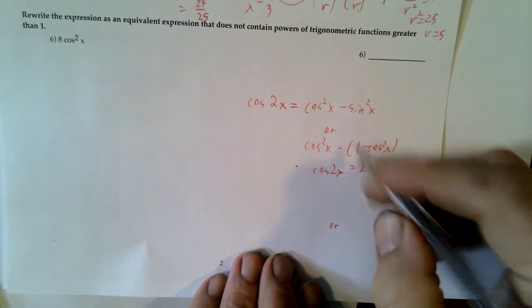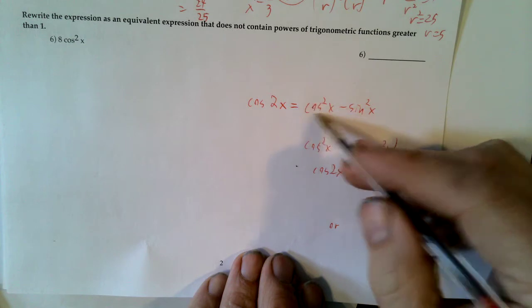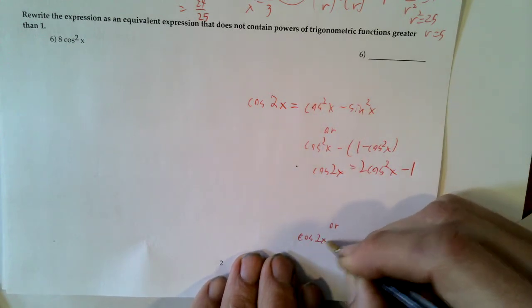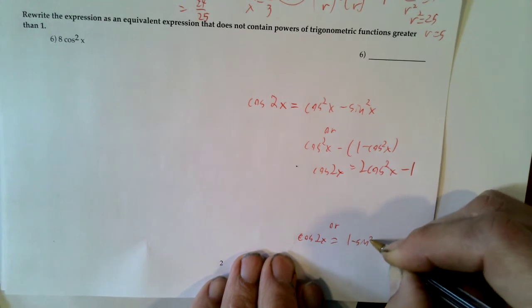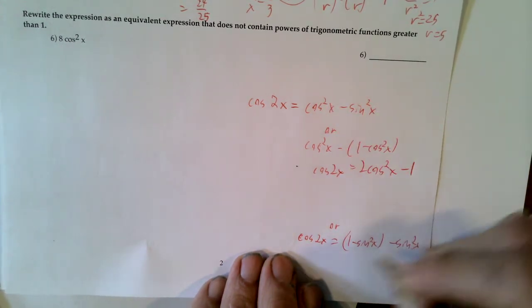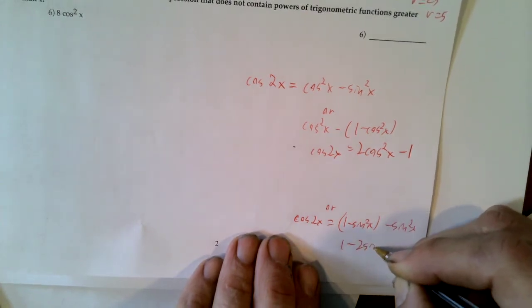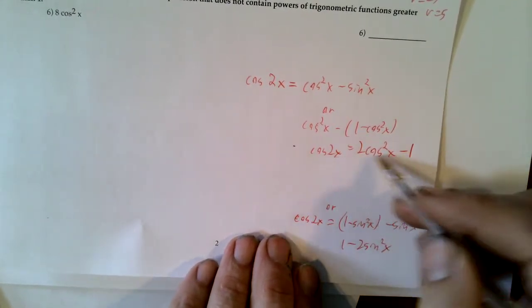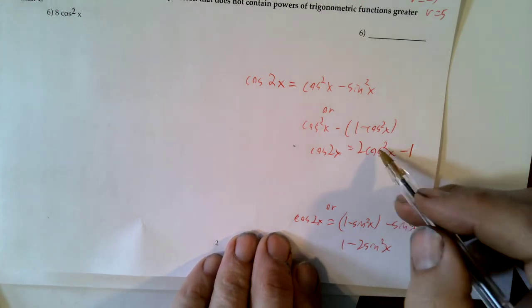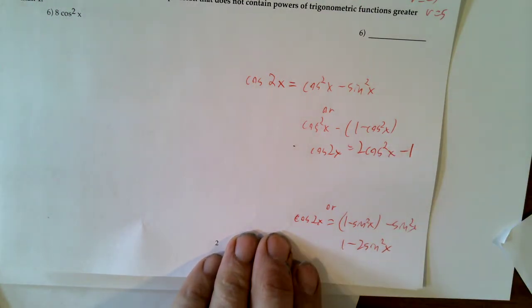Or another way of writing that is 1 minus sine squared x minus sine squared x. If I replace the cosines and put everything in terms of sine, it looks like this, 1 minus 2 sine squared x. And you see what happens if you solve for cosine in either of these, or actually solve for cosine squared.